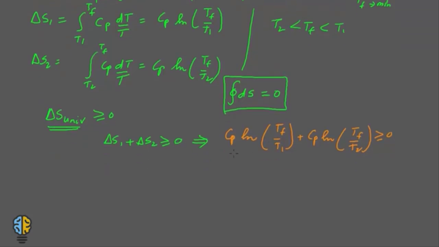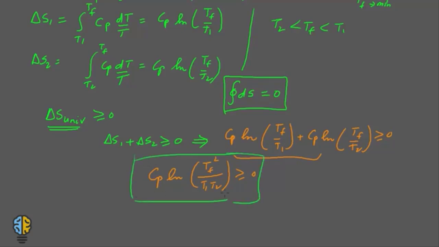So if you combine these two things, we will get Cp into log Tf square upon T1 T2, and it is greater than or equal to 0. So this is a relation that we get for the total entropy change for the system.